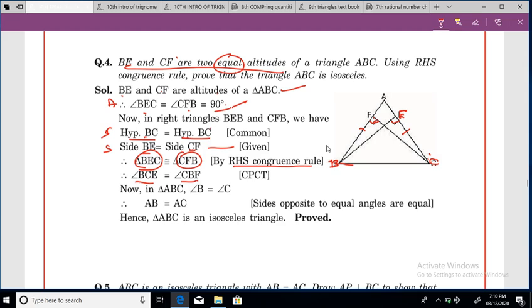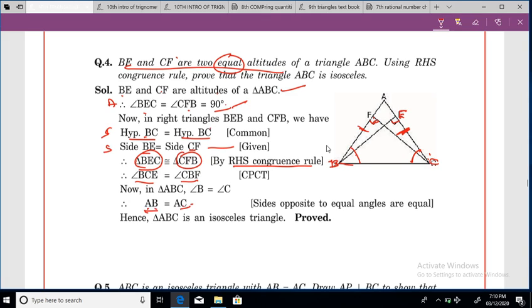BCE, it means this angle is equal to FBC, this angle. If these two angles are equal, opposite to this angle is this side, opposite to this angle is this side. These two sides are also equal. So AB equal to AC. If sides are equal, we say that it is an isosceles triangle.